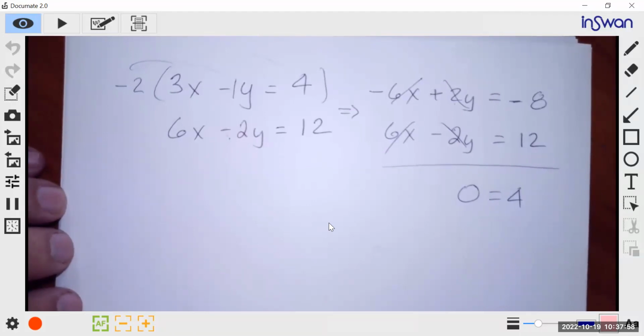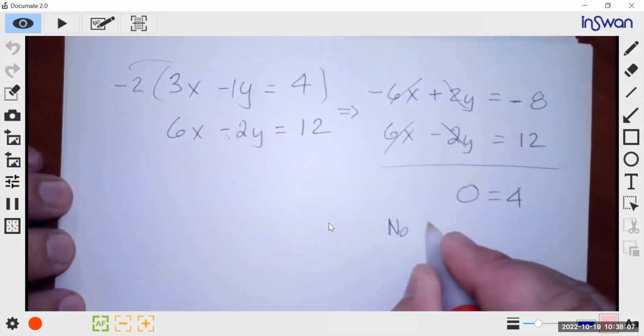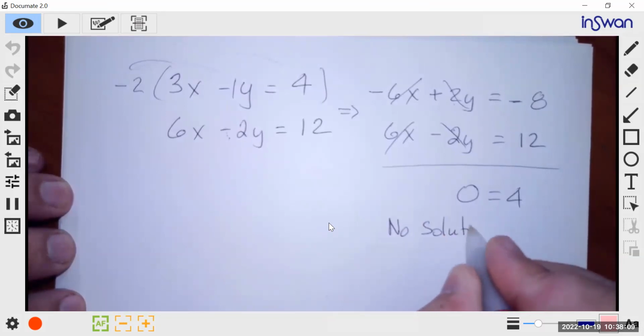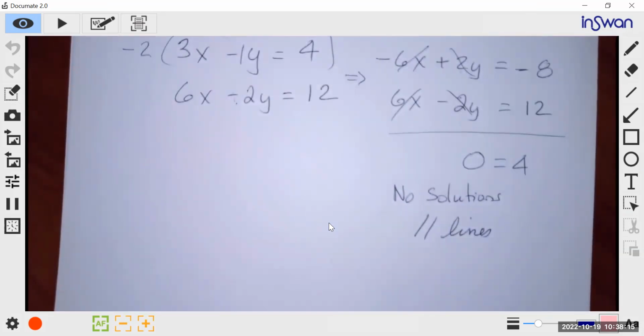Uh-oh, what does that mean? Means the lines are parallel. If there's no solution, that means they never touch, so the lines are parallel.